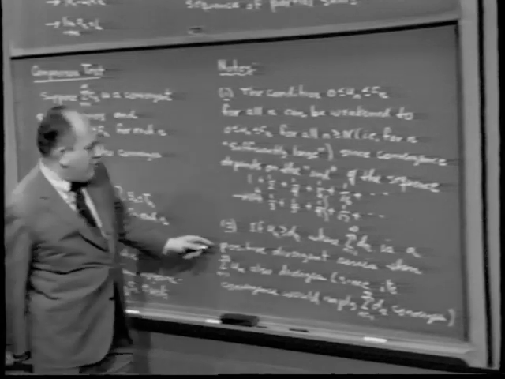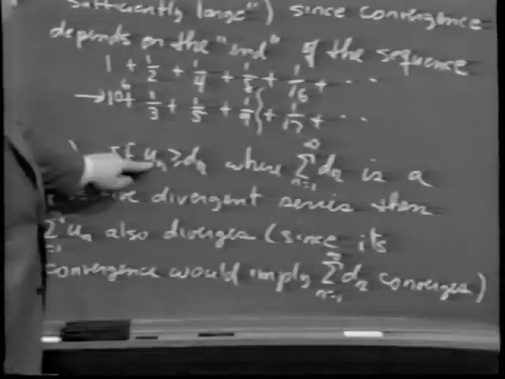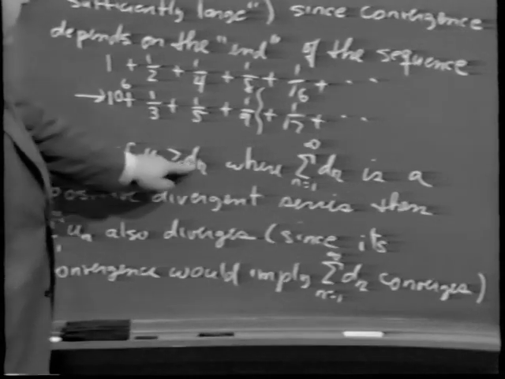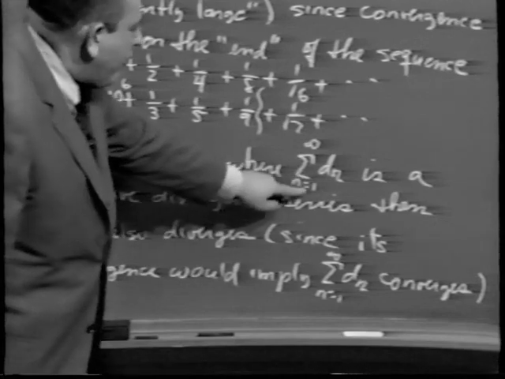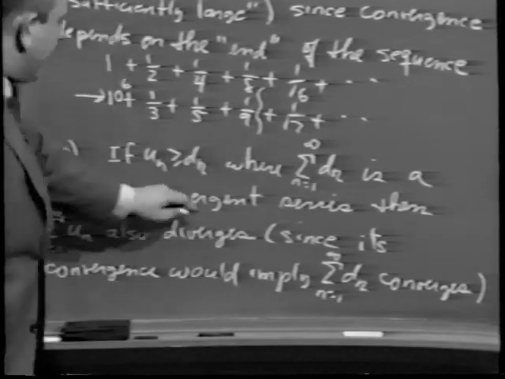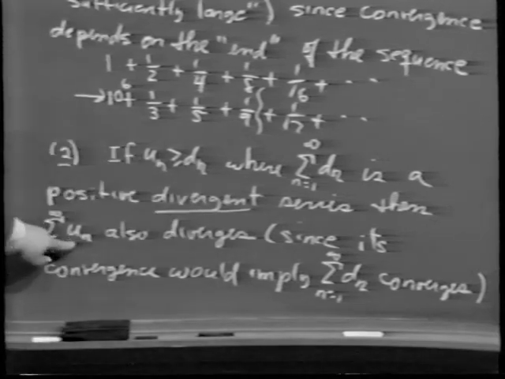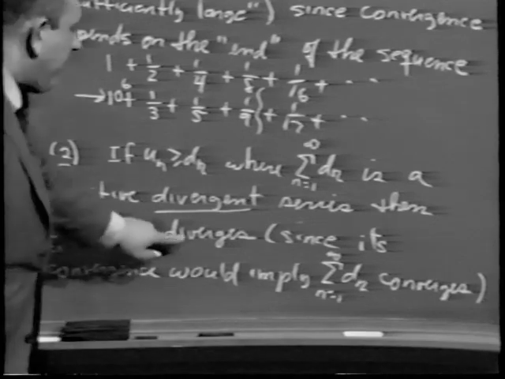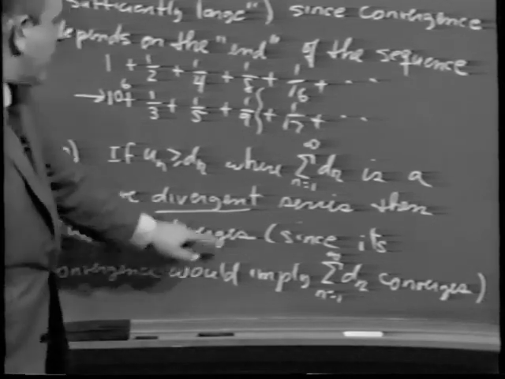And the second observation is the converse to what we're talking about. Namely, if we know that u sub n is at least as big as d sub n for each n, where the series summation n goes from 1 to infinity d sub n is a positive divergent series, then this series, summation u sub n, must also diverge, since its convergence would imply the convergence of this.